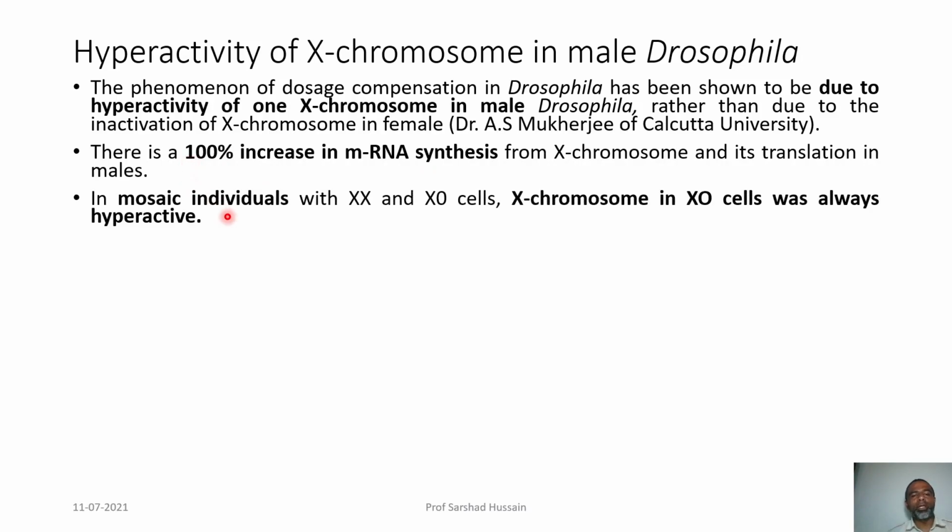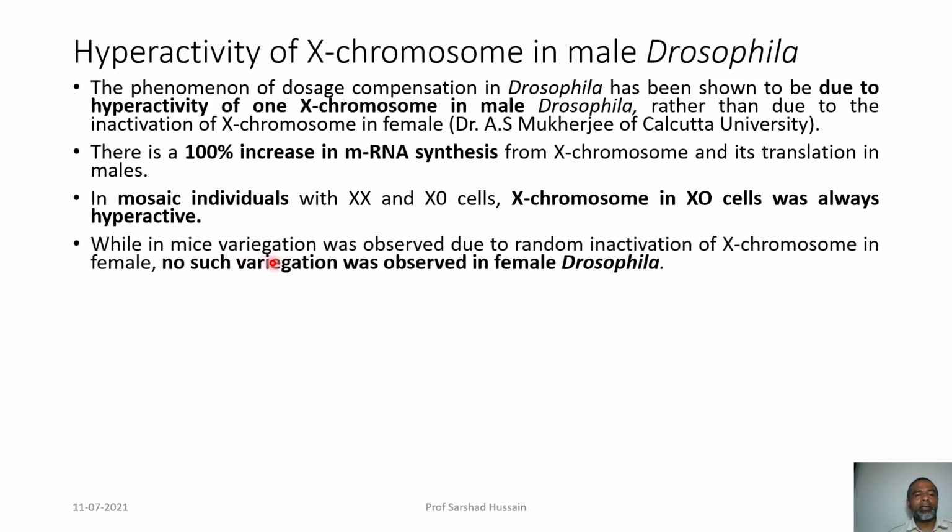In mosaic individuals with XX and X0 cells, like we have seen in the previous case in Drosophila, where gynandromorphs were produced, even though a few of the cells had double X and a few had only one X, the product of the genes in all the cells was similar.